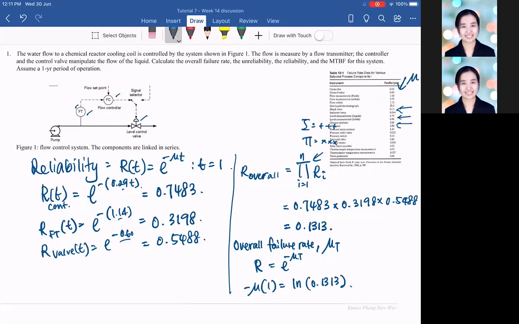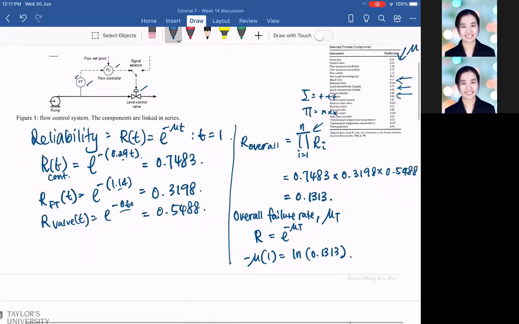Okay, so we should get negative 2.03, and so your total is 2.03 failures per year. So this is how we calculate the overall failure rate.